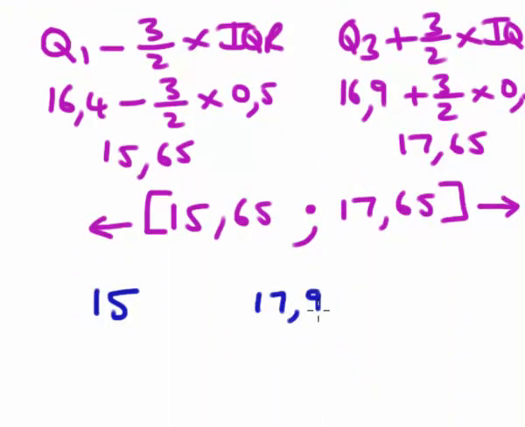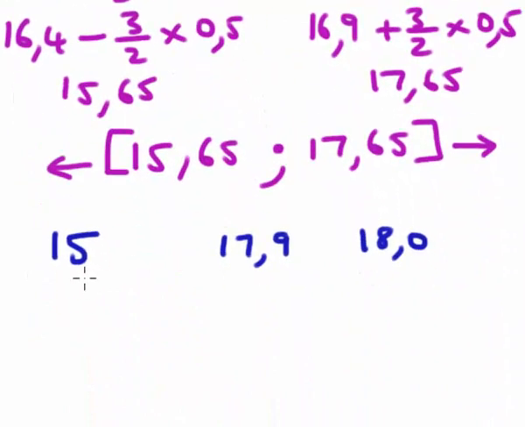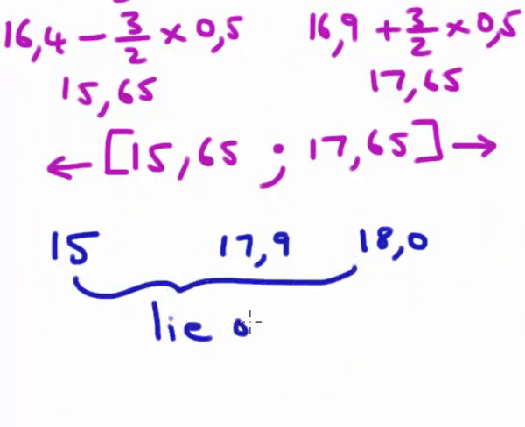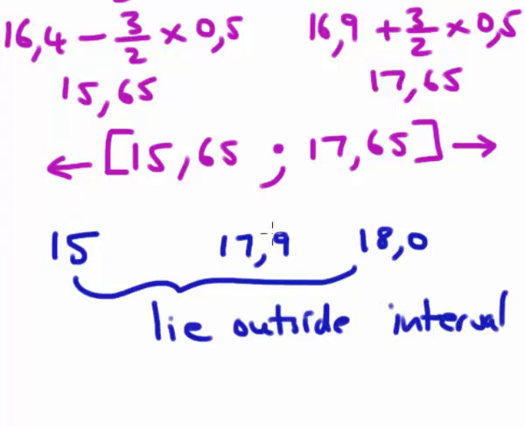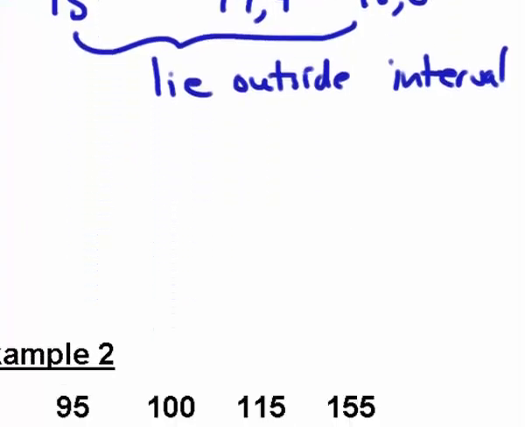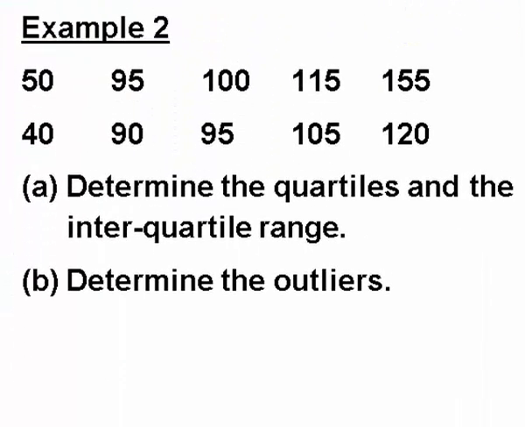These guys are called outliers because they lie outside the interval that we've determined there by Tukey. One is very small, and the other two are at the upper end, and they are called outliers in the set.